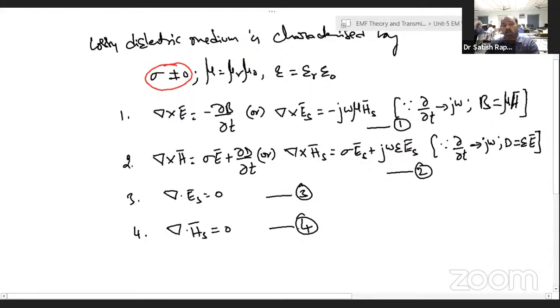Here I have written Maxwell's equations directly in time harmonic form.